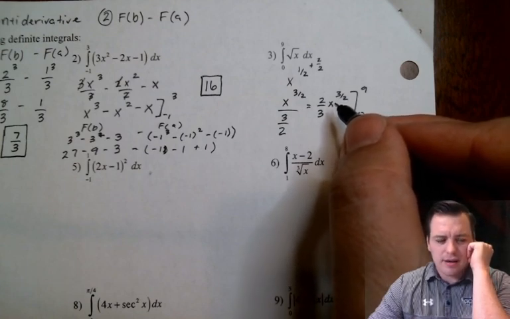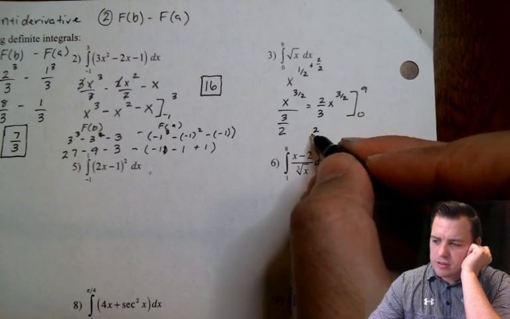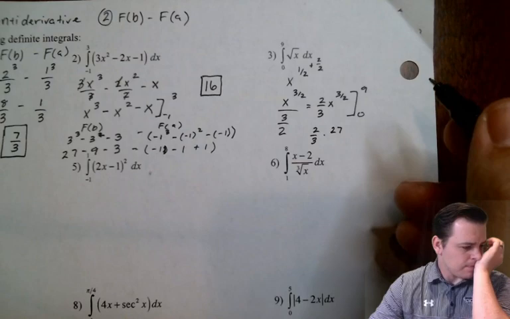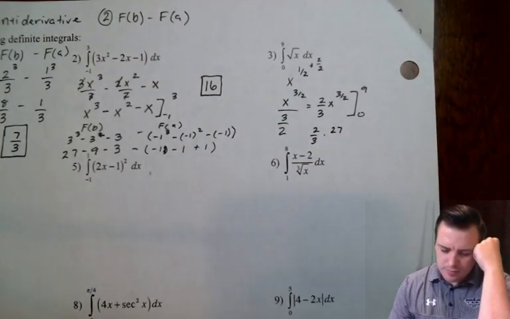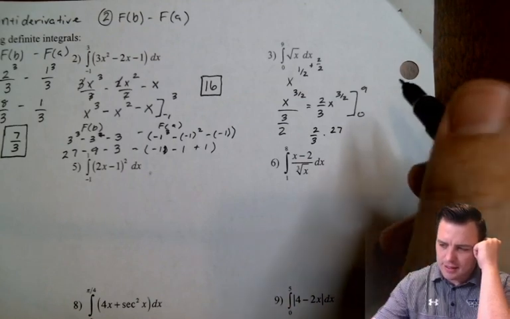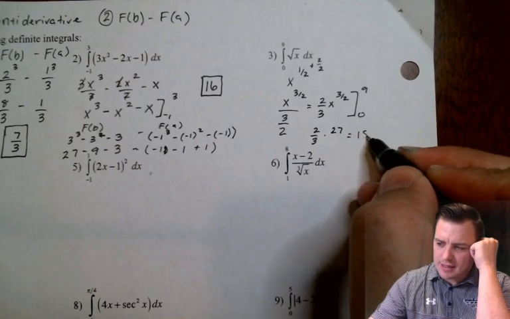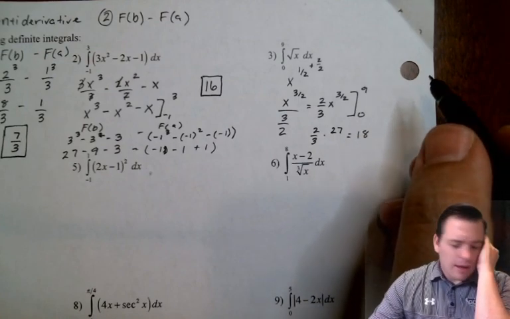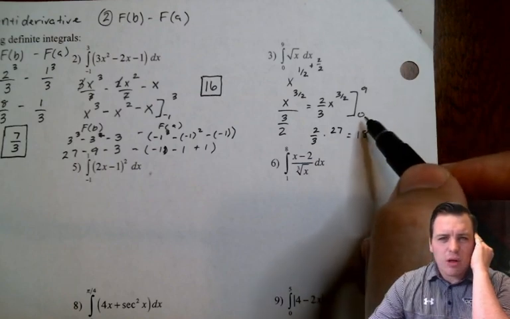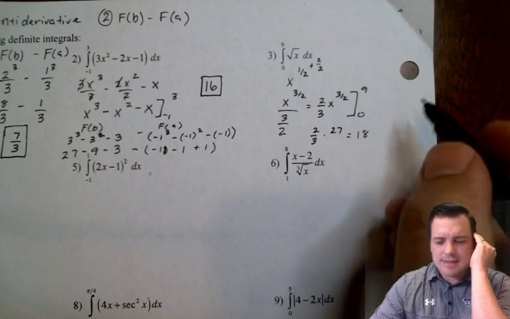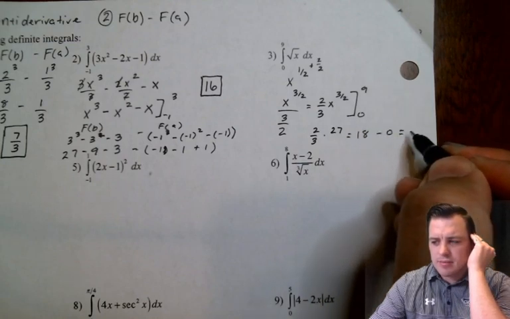So it would be 2/3 times 27. 27 times 2 is 54. 54 divided by 3 is 18. So f of b is 18, okay? And then obviously, guys, if I plug in 0 here, it's just going to give me 0. So it'd be 18 minus 0, which is simply 18.